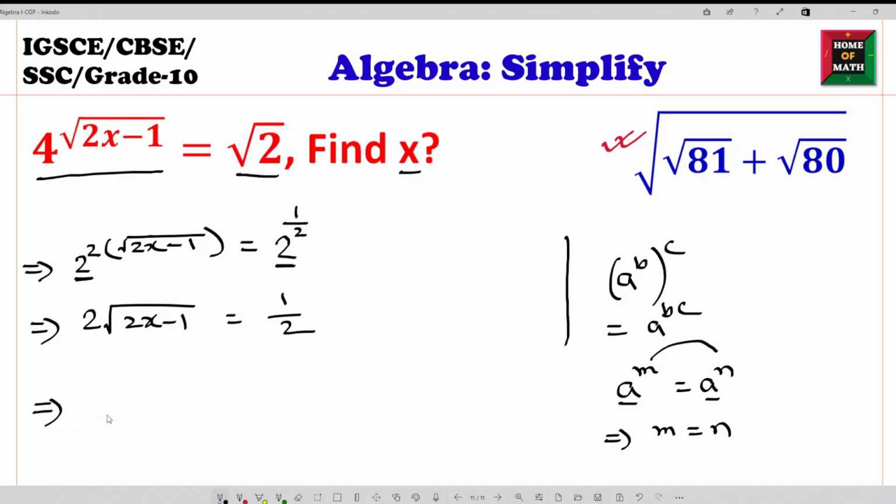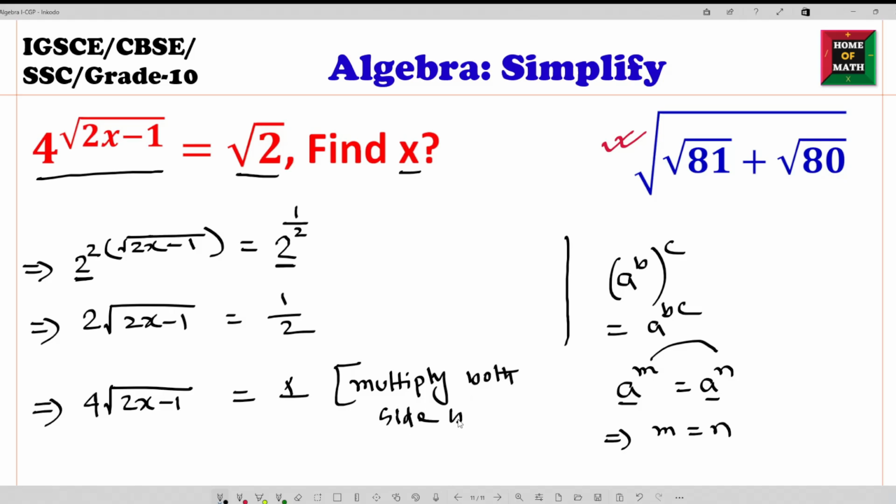Okay. Now we can multiply both sides by 2. So here will be 4 root 2x minus 1 equals to 1. Okay.